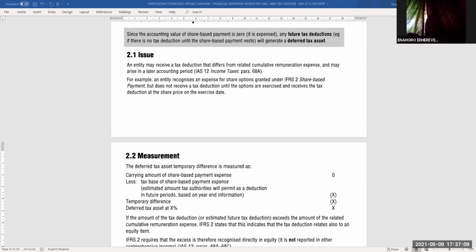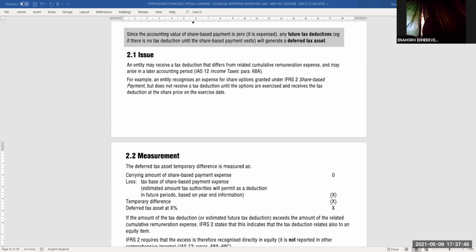The measurement. The deferred tax asset separate difference is measured as carrying amount of share-based payment expense less tax base of share-based payment expense (estimated amount tax authorities will permit as a deduction in future periods based on year-end information). Separate difference. Deferred tax asset is X%.